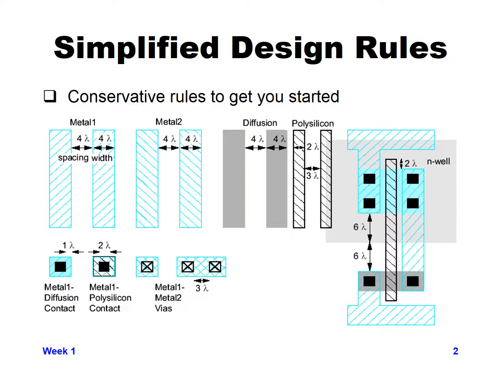And some other examples on the top row, if you're looking at your diffusion, whether it's N diffusion or P diffusion, the minimum width of one side of the diffusion would be 4 lambda, and the minimum spacing from one diffusion to another is 4 lambda, to make sure they don't contact each other.